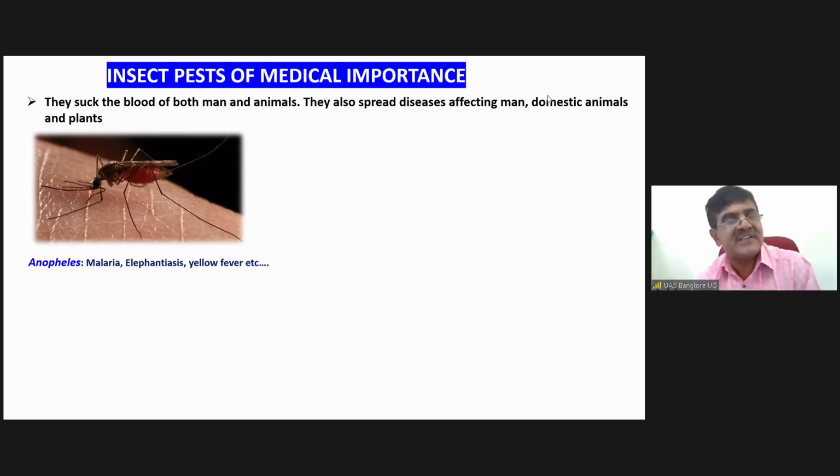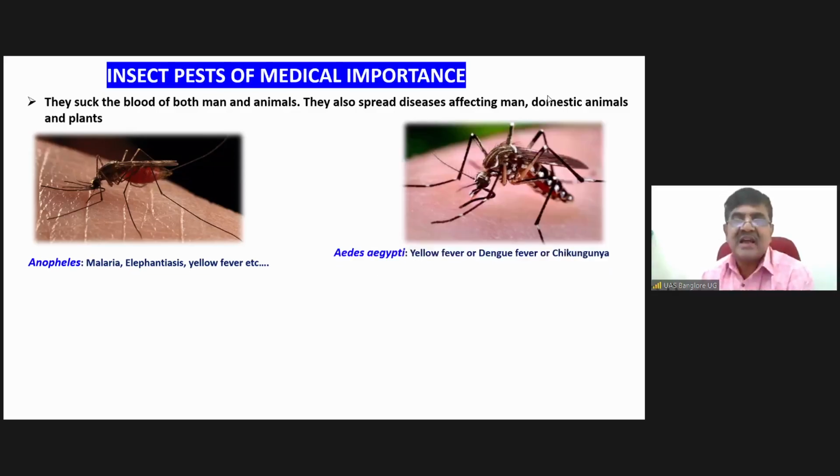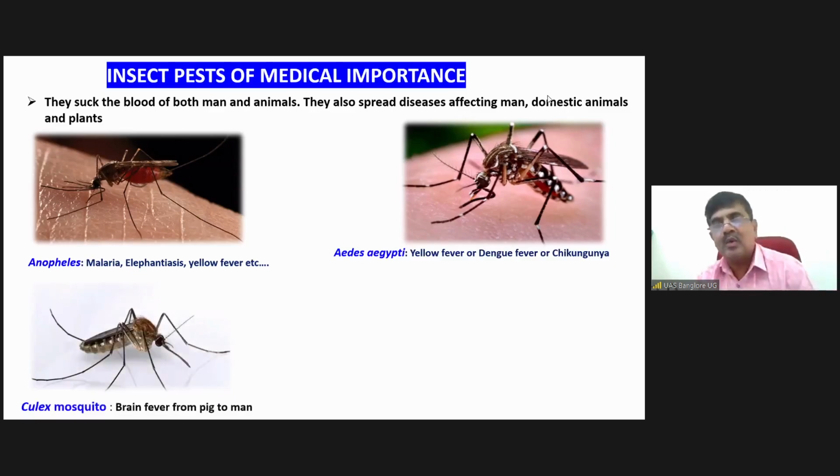This Anopheles mosquito spreads diseases like malaria, elephantiasis, yellow fever, etc. And there is another mosquito species called Aedes aegypti, which spreads diseases like yellow fever, dengue, or chikungunya. And the Culex mosquito transmits brain fever from pig to human beings.